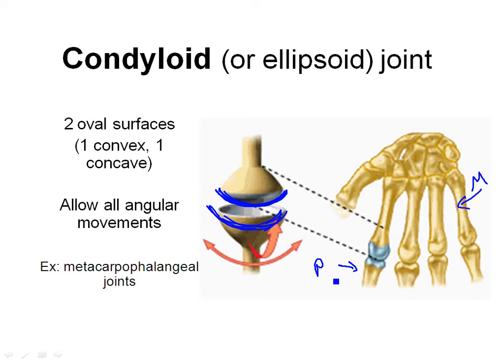The joint that I'm talking about is here, between the proximal phalange and the metacarpals, which make up what most people think of as their hand. So here is our condyloid joint, and it's going to allow you to make a hinge movement, but you can also make circular movements with it too. Okay? So it gives us a fairly good range of movement.